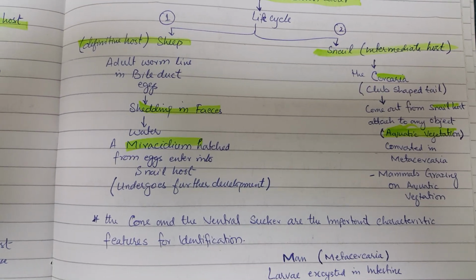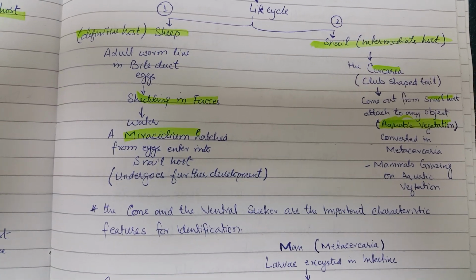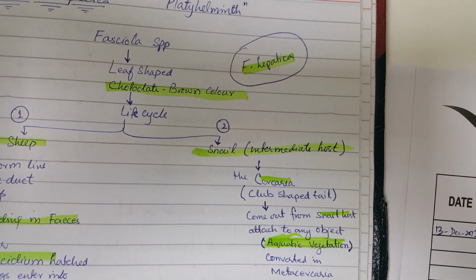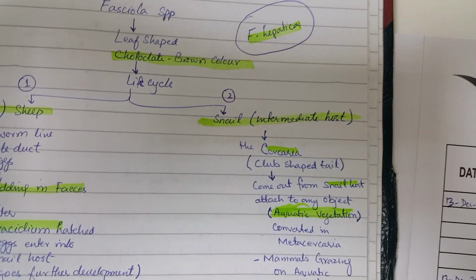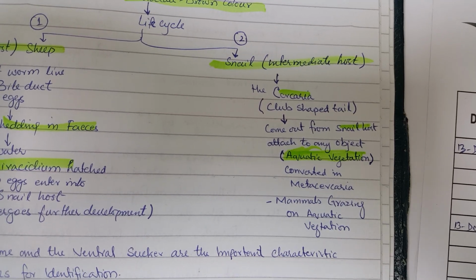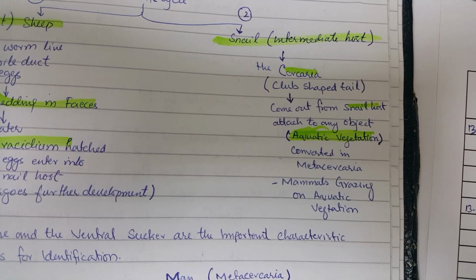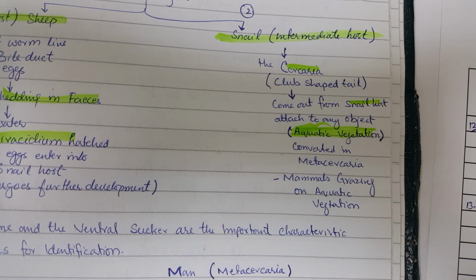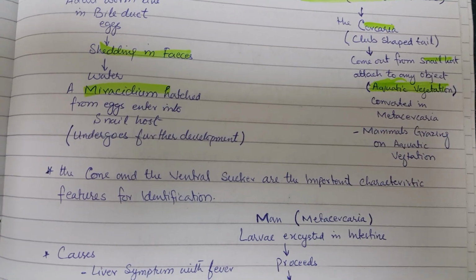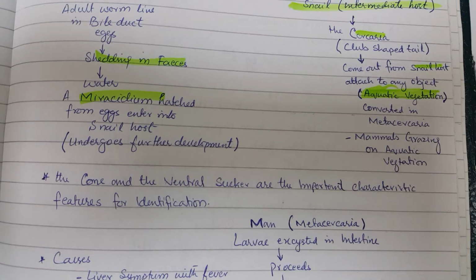A miracidium hatches from the egg and enters the snail host, undergoing further development. The snail is the intermediate host, and the cercariae with cup-shaped tails come out from the snail host, attach to any object or aquatic vegetation, and are converted into metacercariae. Mammals grazing on aquatic vegetation is the cause of infection.